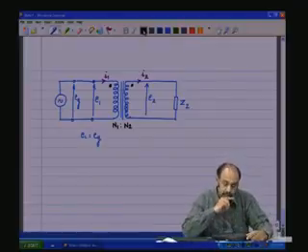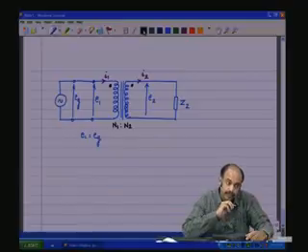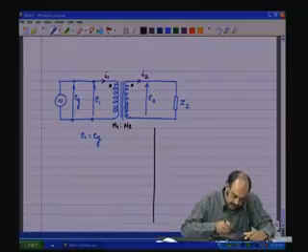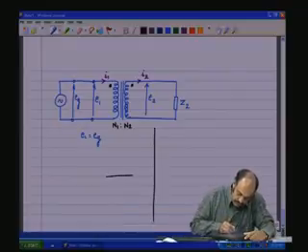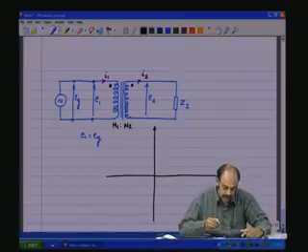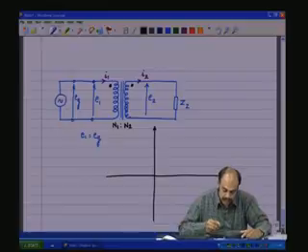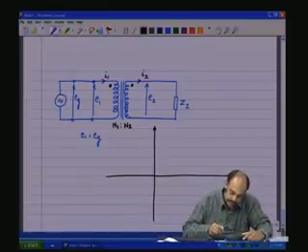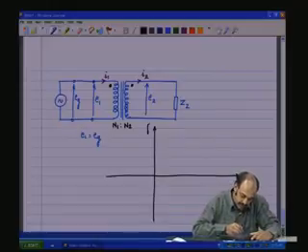Now, let us draw the phasor diagram for this transformer circuit. This is the spatial coordinate system, as I have been saying, which we have seen quite a few times in earlier sessions while discussing phasor diagrams with sinusoids. This is the alpha axis and this is the beta axis.